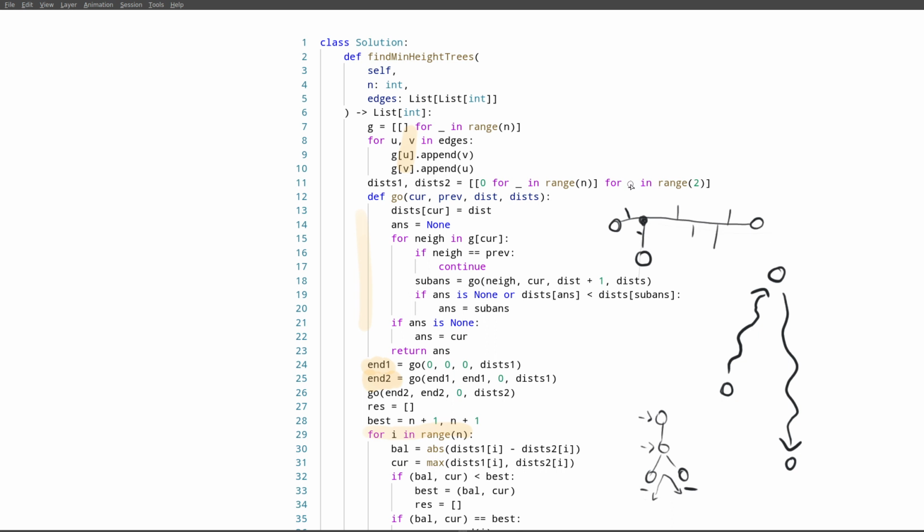So essentially, that's the funny algorithm for finding the tree diameter, and it also calculates for every vertex the distance to one end and the distance to the other end. And when we have those values, then we can solve our problem using them as we talked previously.